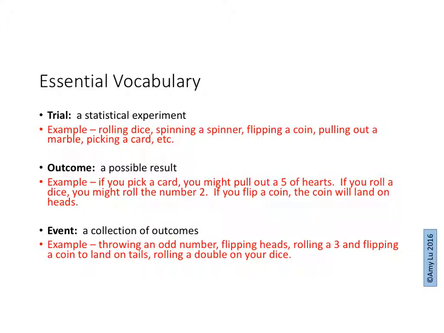What are the possible results of throwing an odd number when you roll a dice? An event could be flipping heads when you flip a coin, or rolling a 3. So these are events, the collection of your results.